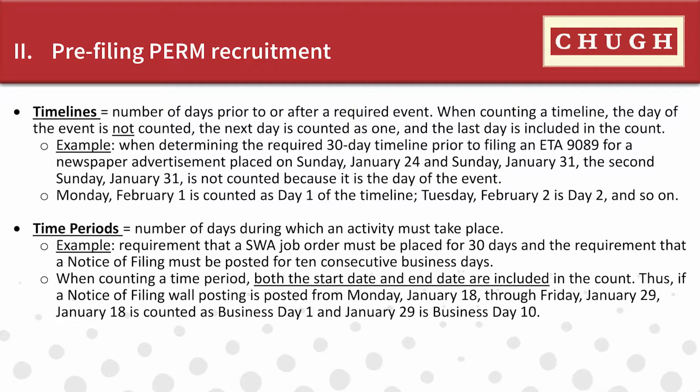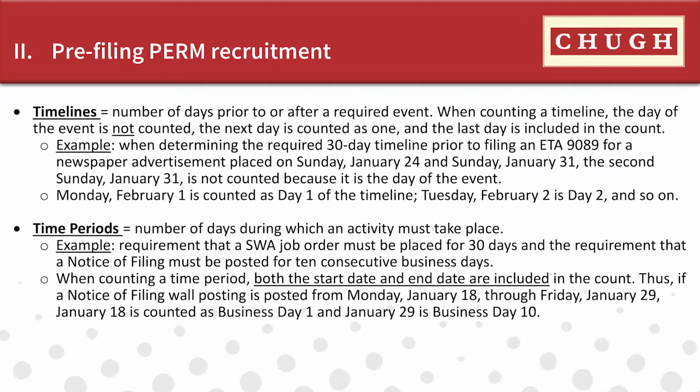Comparing that to a time period: how long does an activity or an event have to take place? As Hugo noted, the SWA job order has to be posted and go live for 30 days. There might be some distinctions to this rule depending upon the state you're talking about, and that's a time period.